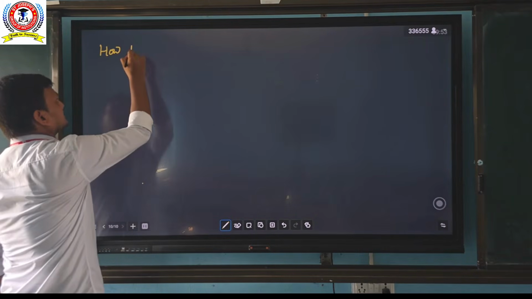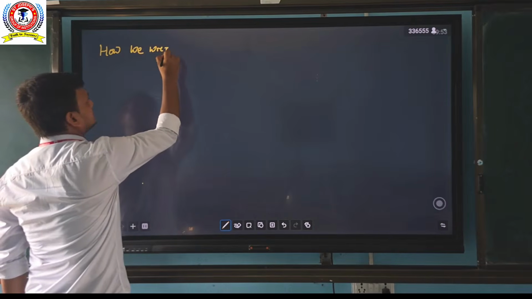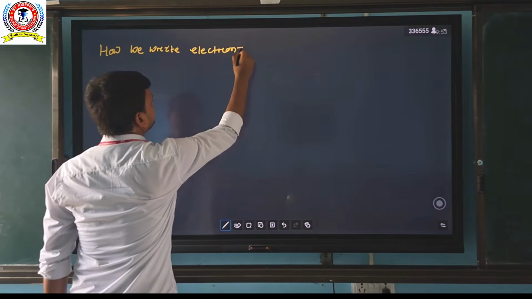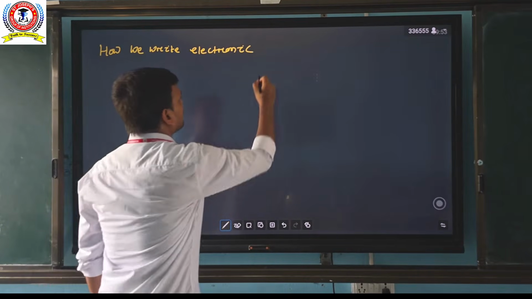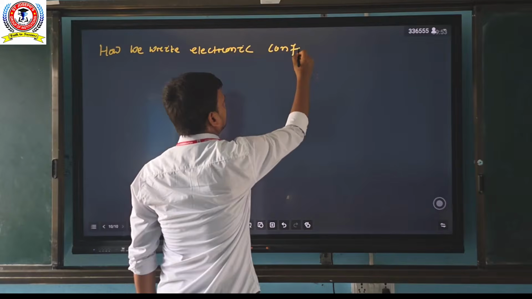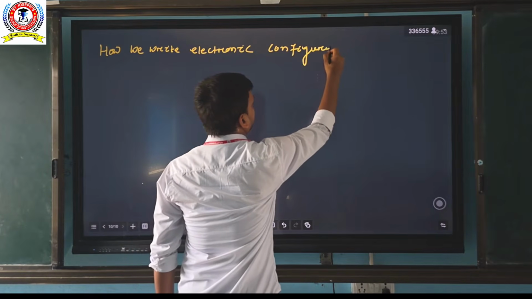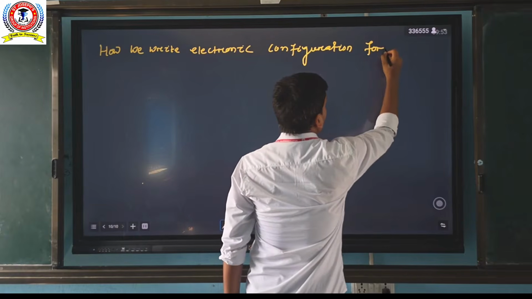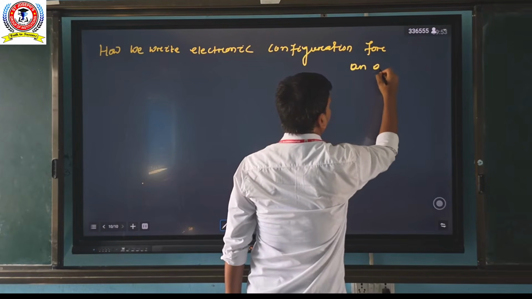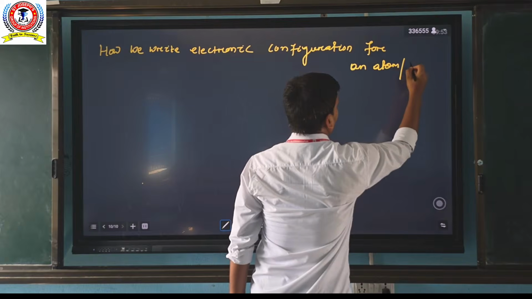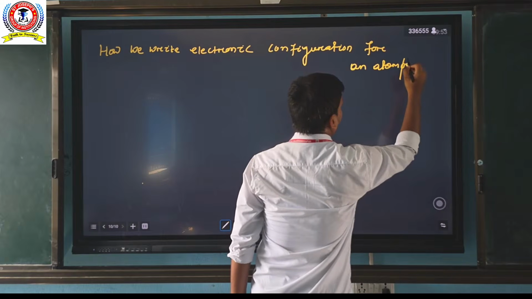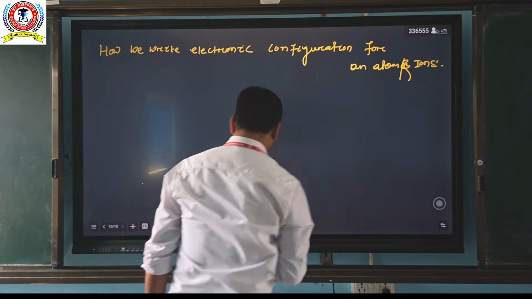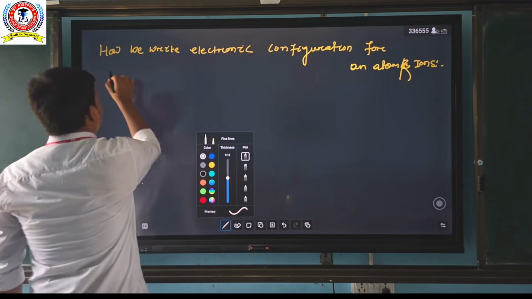And we start how we write electronic configuration. How to write electronic configuration for an atom or ions.